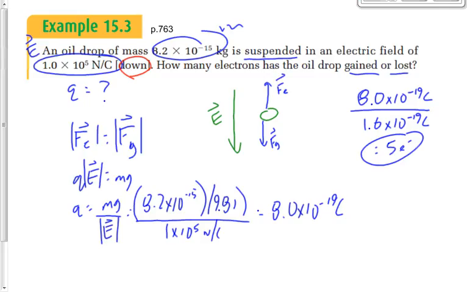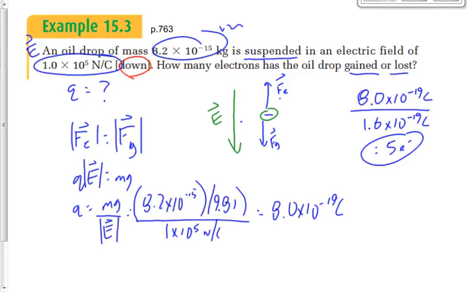If they were both forcing down, it wouldn't be suspended. What kind of particle experiences an upward electric force in a downward electric field? Is it a positive or a negative particle? Got to be negative. Because a positive would experience an electric force in the same direction as the field.